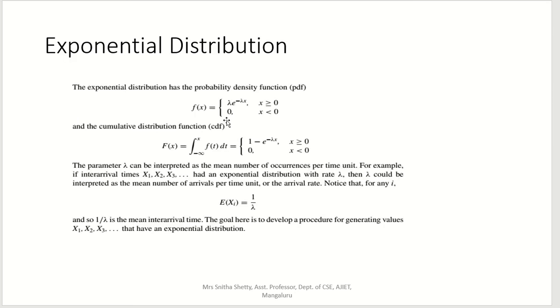Now, what is exponential distribution? Before that, you should know what a probability distribution function is and what a cumulative distribution function is. PDF is also known as probability distribution function. Another name for it is probability density function.